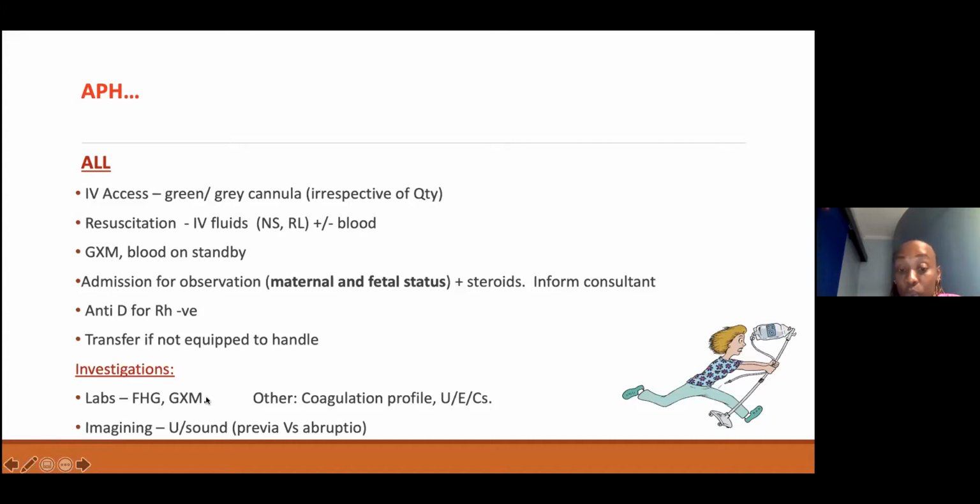But if you do see it, then yes, you do have an abruption. The critical bit about the ultrasound is that it will tell you whether it is a previa or not, and it will help you gauge your estimated fetal weight and the gestational age. If you have access, you can do the coagulation profiles, but the full hemogram, GXM, and ultrasound are most important.